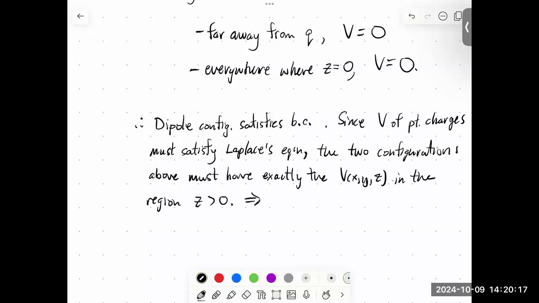This is a consequence of the first uniqueness theorem.